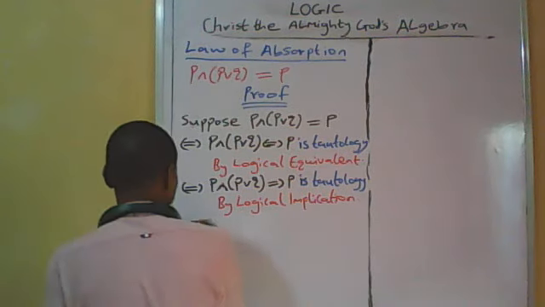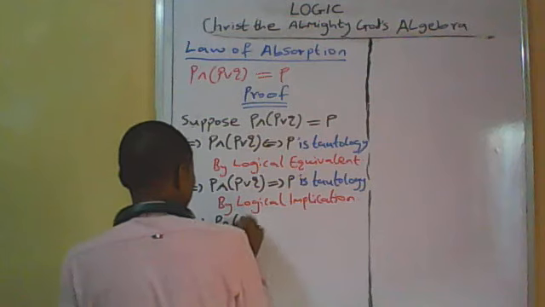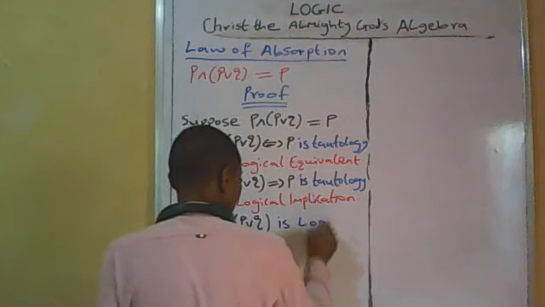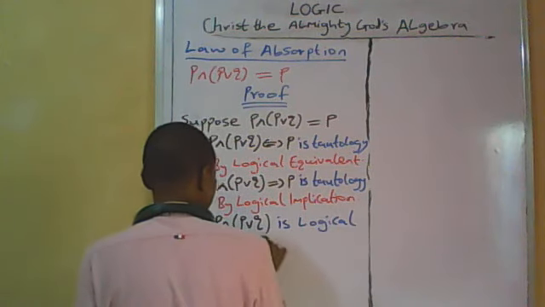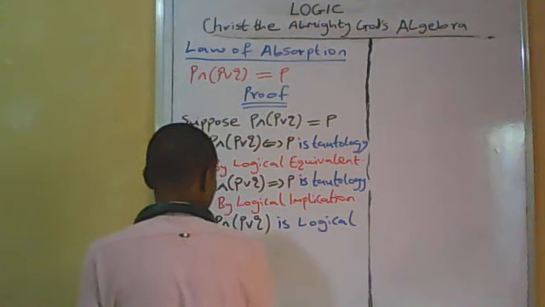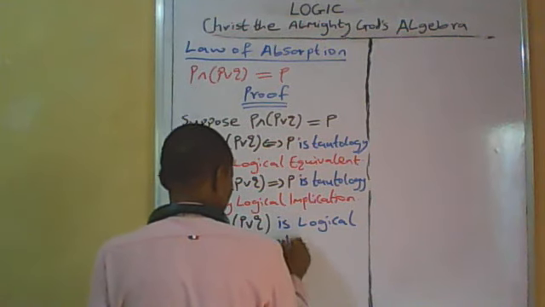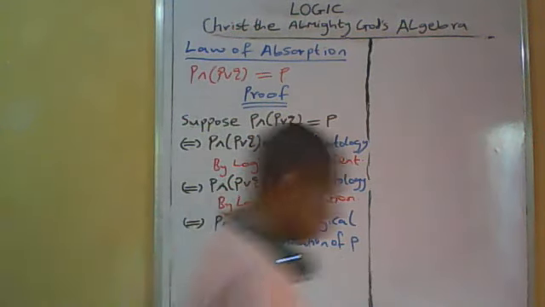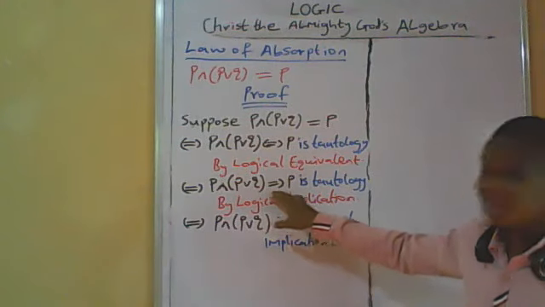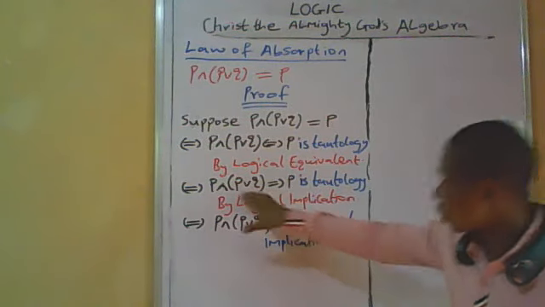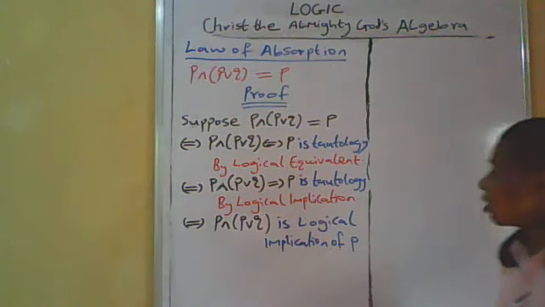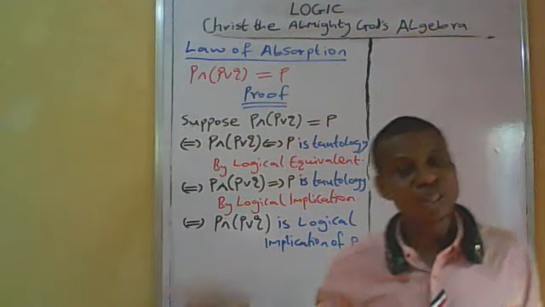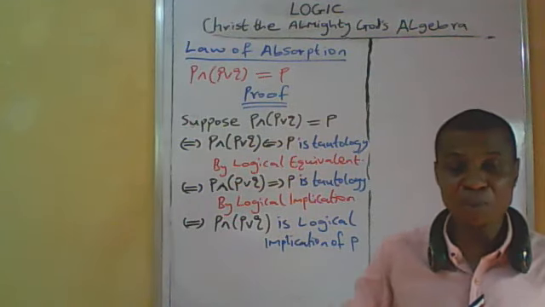P and bracket P or Q is the logical implication of P. Since this is a conditional statement and it's a tautology, we can then derive that the antecedent is the logical implication of the consequent by the principle of logical implication.